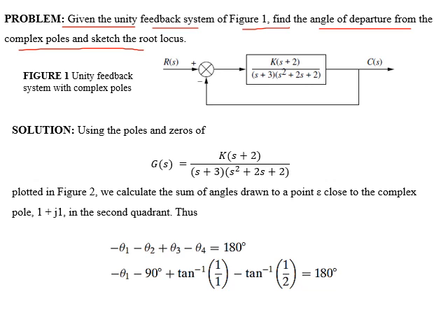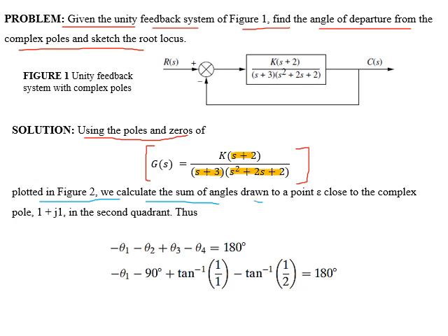Students, we will start the solution with the open loop transfer function, which is given by G of s, and G of s is equal to K into s plus 2 divided by s plus 3 into s square plus 2s plus 2, which are plotted in the figure in the next slide. The system has 1 zero at minus 2, 1 pole at minus 3 and complex poles at minus 1 plus minus j1.